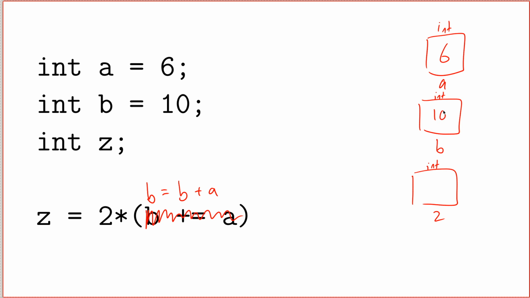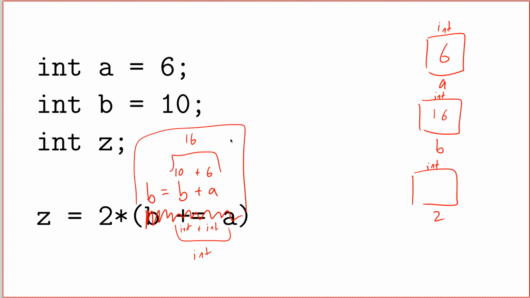So B equals B plus A. Well, I do the right-hand side first, so B is 10 plus 6, and so the type of this will be int plus int, which is int, and the value will be 16. So I set B to have the value 16. What comes out of the assignment operator is the new value of b, which is 16, and the type will be the type of b, which is int, and so the value I end up getting in z will be 16 times 2, or 32.